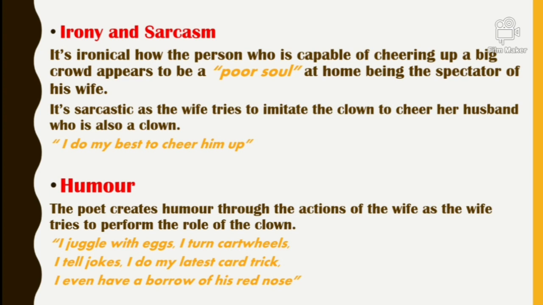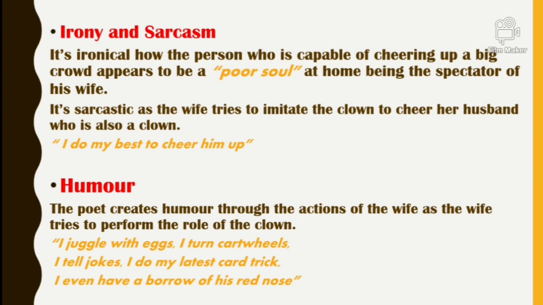And it's sarcastic as the wife tries to imitate the clown to cheer her husband, who is also a clown. Well, so you can see here juggling eggs, turning cartwheels, everything done by the wife imitating her husband. Her husband is a clown. Now she is imitating the clown's actions.